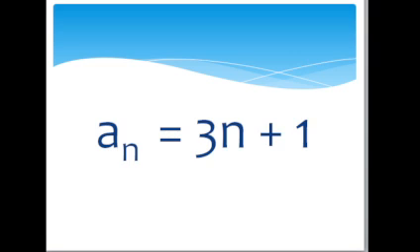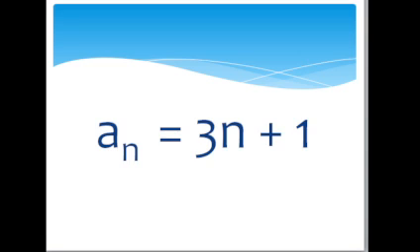We can get the first term. We have 3 times 2 is 6 plus 1, that is 7. That's the second term. And 3 times 3 is 9 plus 1, that is 10. That's the third term. And we have 3 times 4 equals 12 plus 1 is 13. And that's the fourth term.